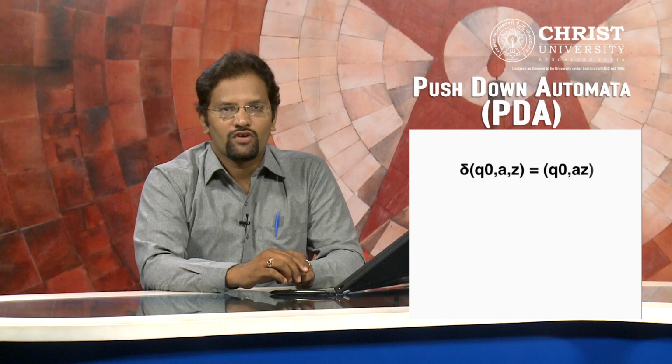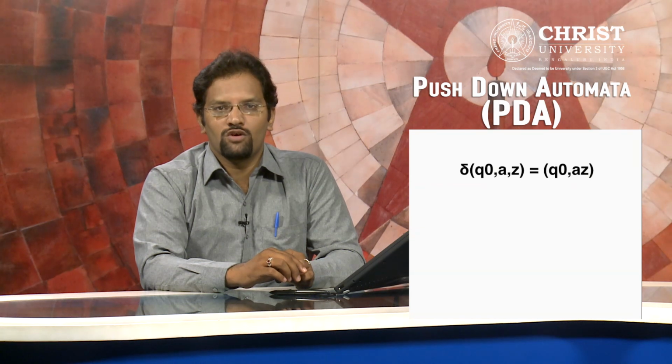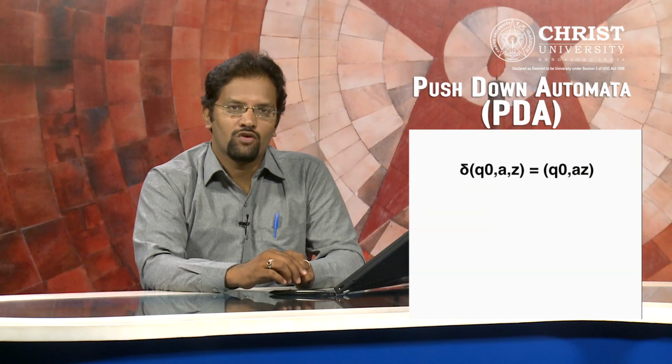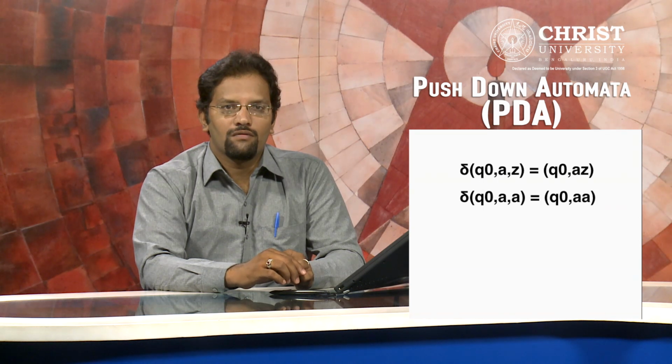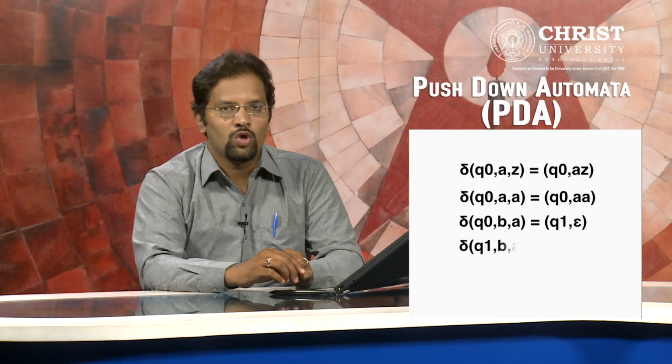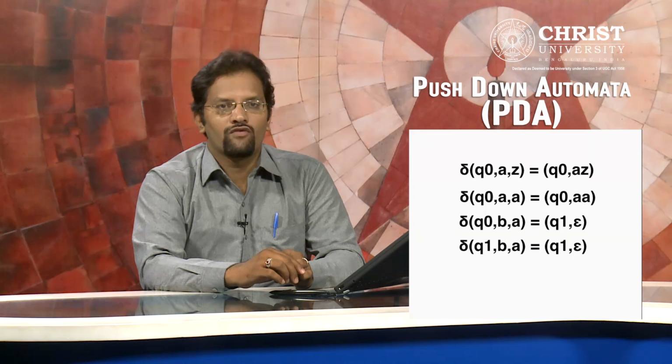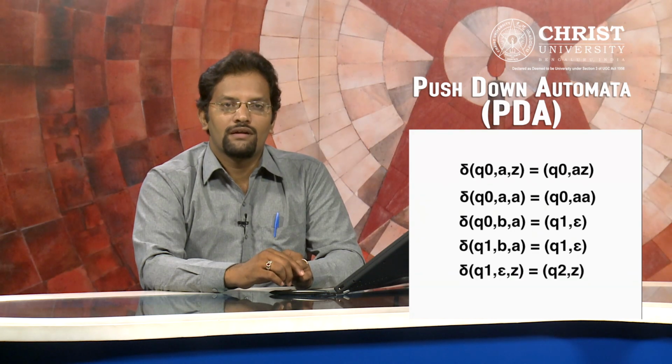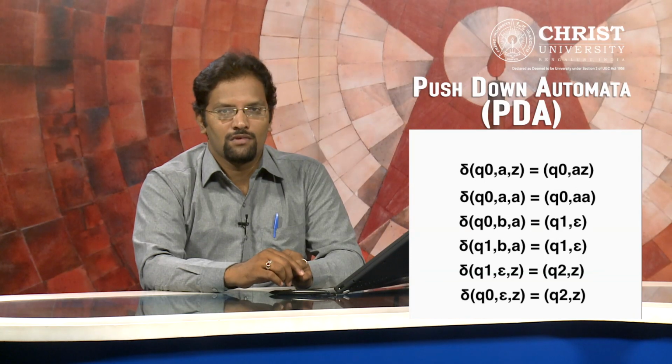The transitions are as follows: δ(Q0, A, Z) = (Q0, AZ), δ(Q0, A, A) = (Q0, AA), δ(Q0, B, A) = (Q1, ε), δ(Q1, B, A) = (Q1, ε), δ(Q1, ε, Z) = (Q2, Z), δ(Q0, ε, Z) = (Q2, Z).